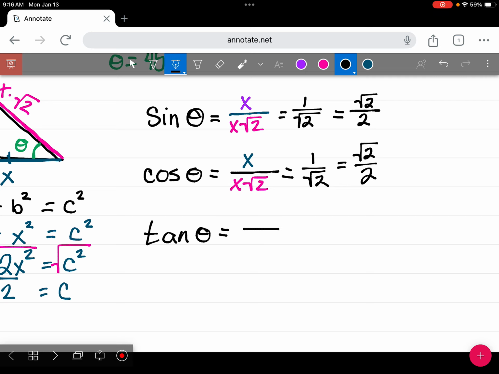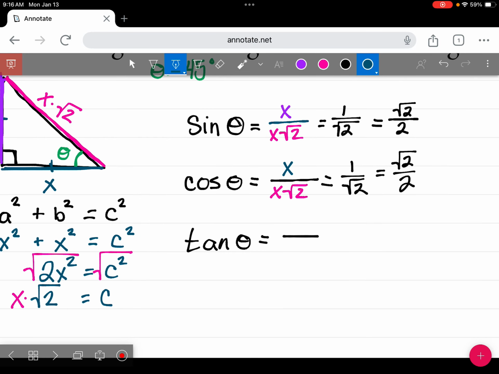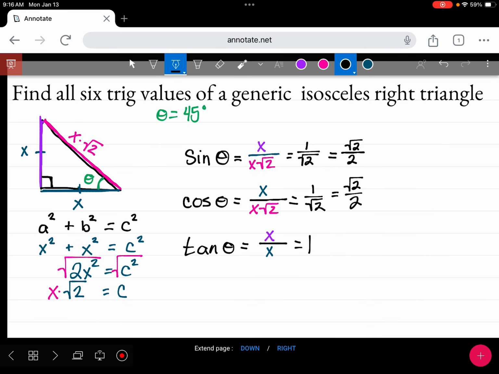What do we get when we set up tangent? It's our opposite over our adjacent. So our tangent is just 1. X over x, they simplify down. It's weird because we have letters in there, but they're all kind of canceling out.